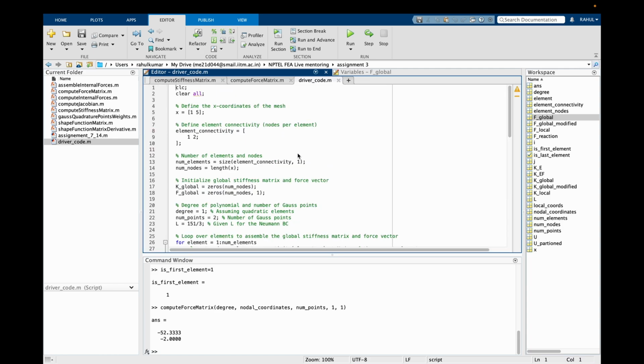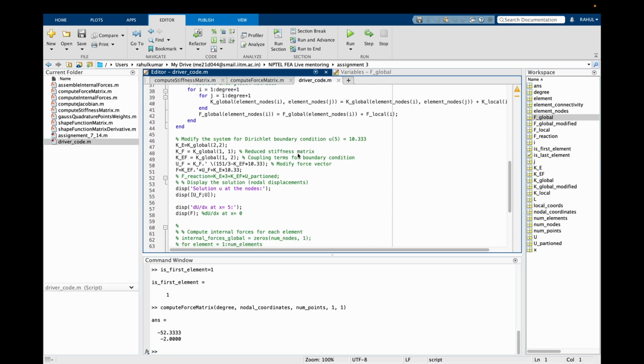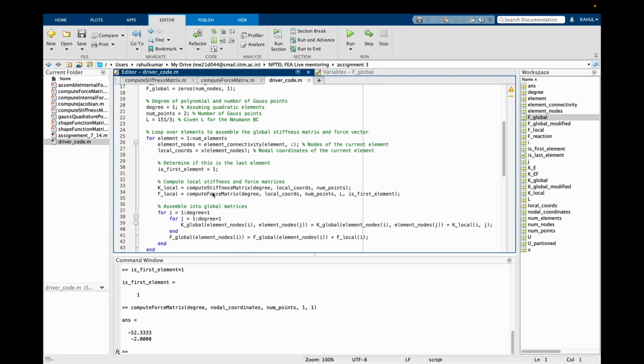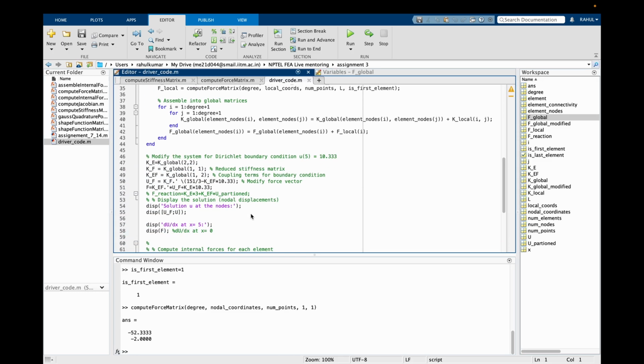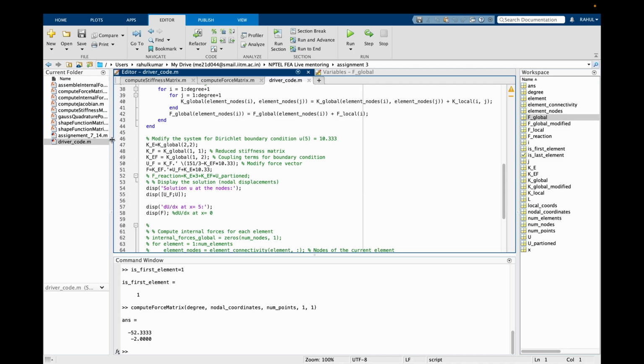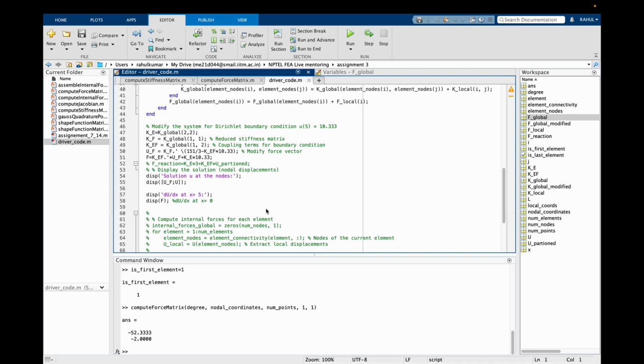I will directly run this code to find u1 and dy by dx at x equal to 5. The final solution you will solve based on the code. I will not solve every problem, because this is a discussion, not the solution.